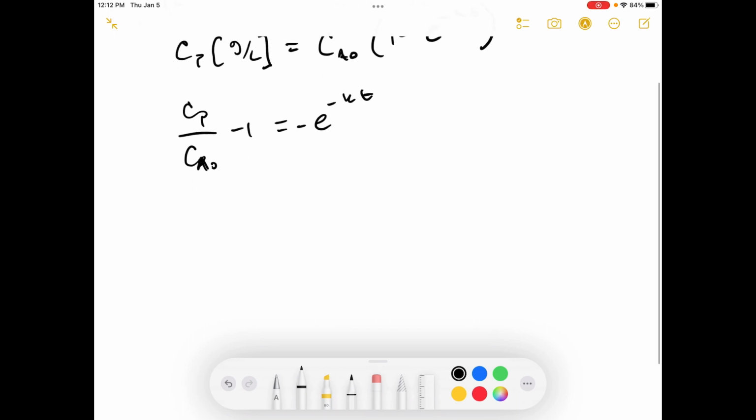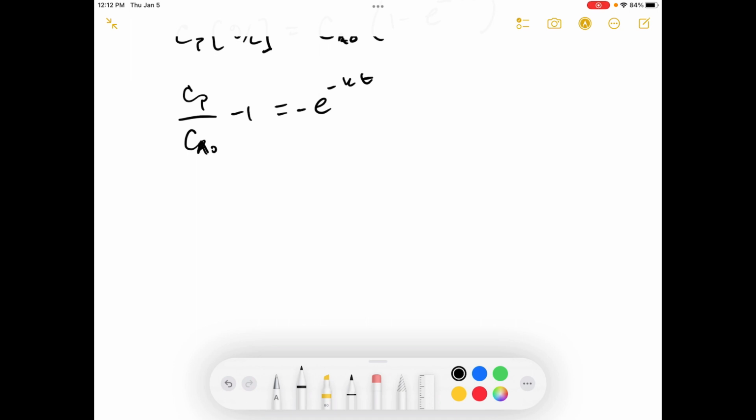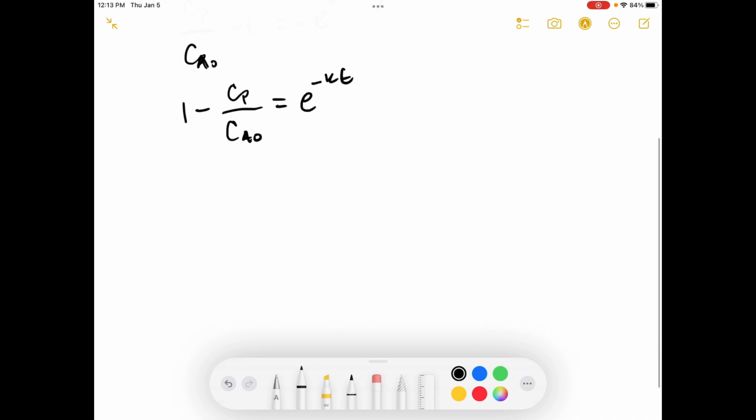That's negative, so let's get rid of that negative. Let's flip it and say 1 minus Cp over Ca naught equals e to the minus kt. So that's going to be our y.